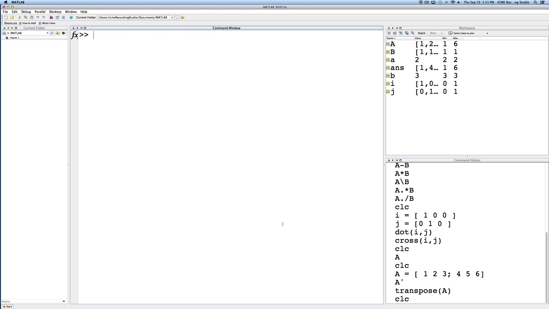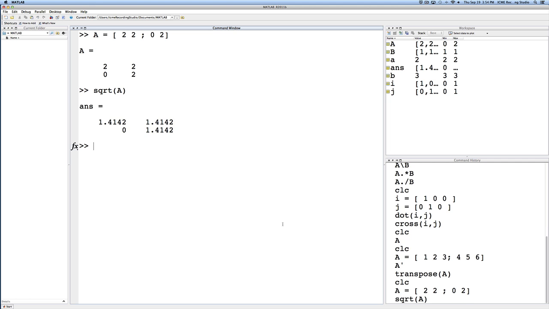As discussed earlier, most functions that act on a scalar can be given a matrix argument, in which case the functions are computed element-wise. Here, sqrt of A computes the element-wise square root of A. But say you wanted to find the matrix B such that B squared is A, that is, the square root in the matrix sense.